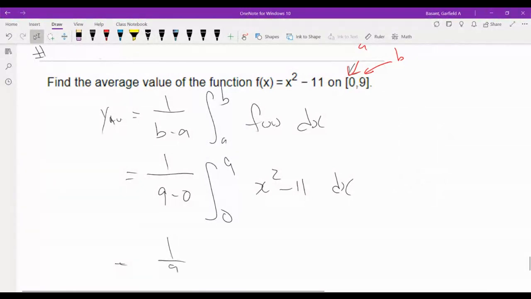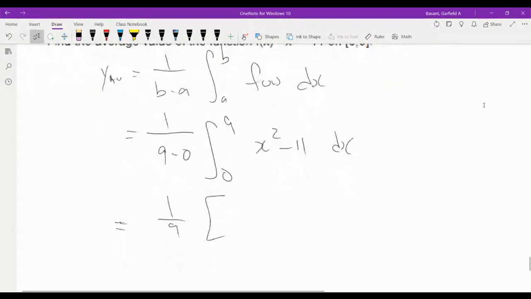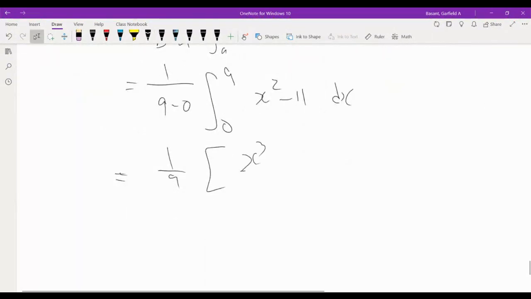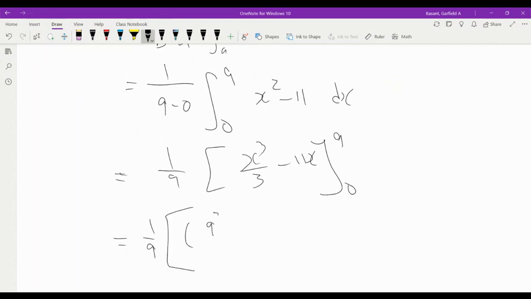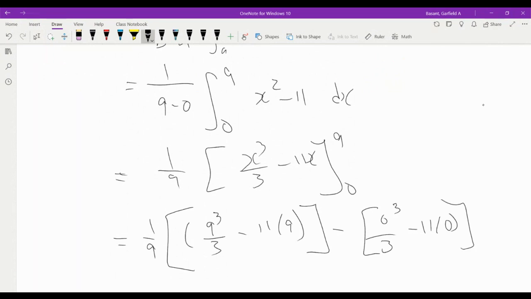So it's equal to 1 over 9. And we're just going to take the integral of this, which is x to the third over 3 minus 11x. And we're going to plug in 9 and 0. So it's 1 over 9 times 9 to the third over 3 minus 11 times 9. And then we're going to do 0 to the third over 3 minus 11 times 0.